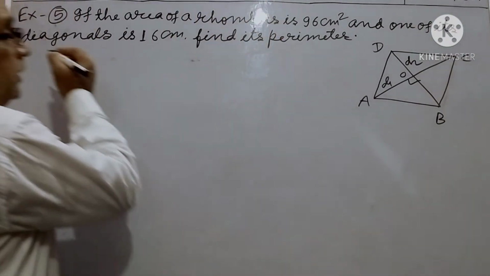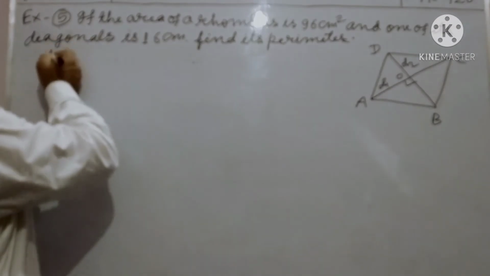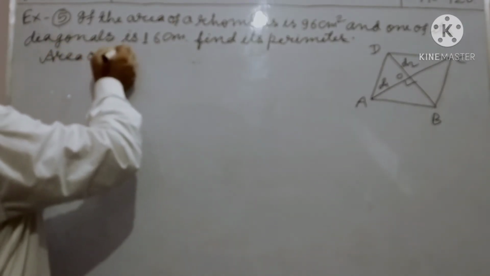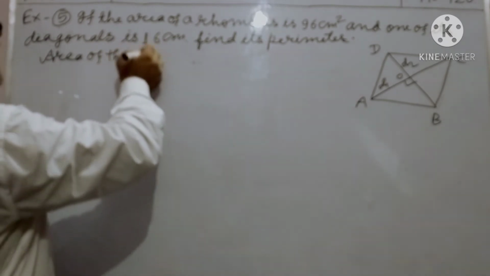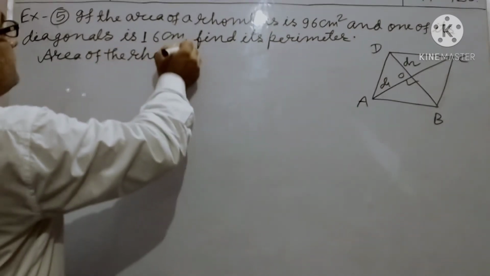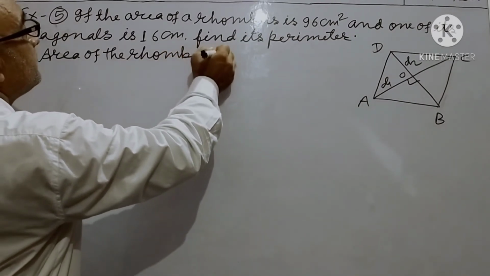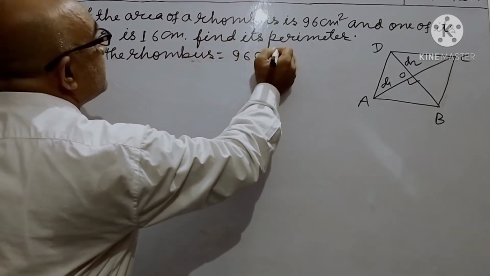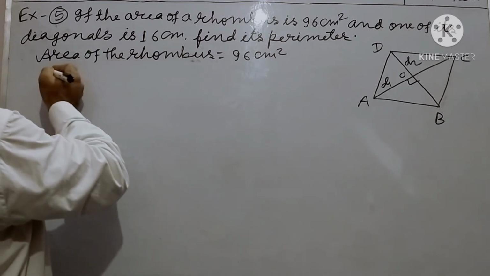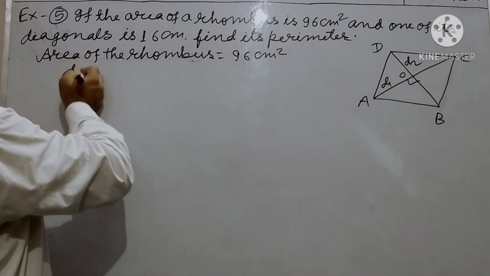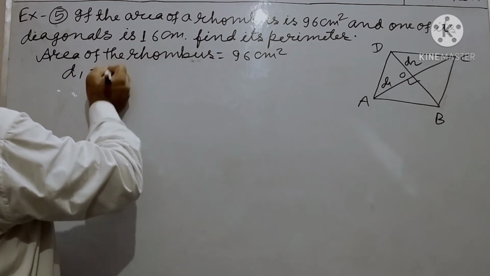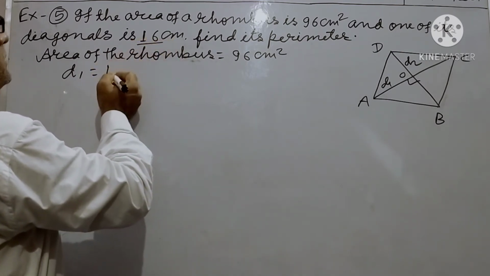Area of the rhombus equal to 96 cm square. One diagonal D1 equal to 16 cm.